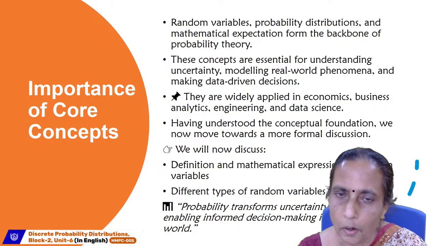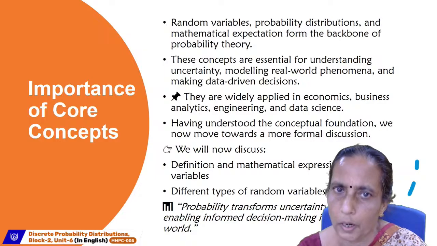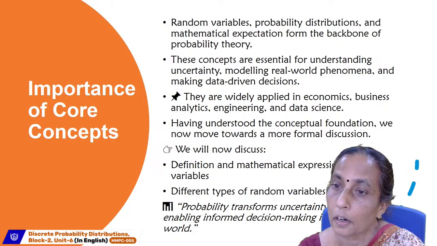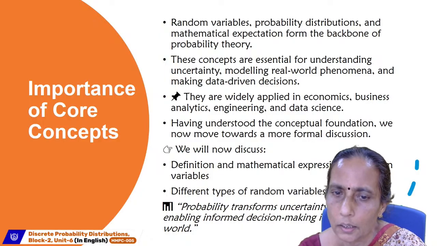So what is the importance of these core concepts? Why should we go for these things? Because random variables, probability distributions and mathematical expectations form the backbone of the theory, they are essential for understanding uncertainty. They are widely applied in economics and business analytics.